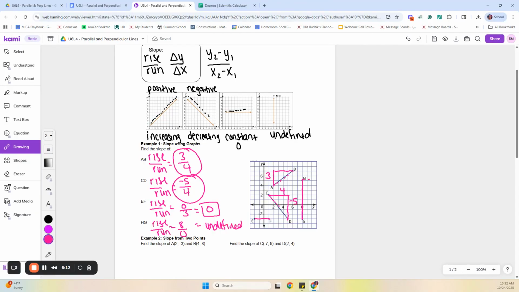Now, the reason behind that is I like to tell kids, when we're dividing, like if I were to divide 8 divided by 2, that really means I'm taking 8 pieces and dividing it into 2 groups. So 2 groups, and there's 4 in each group, right? If I did 8 divided by 0, I'm taking 8 pieces and trying to divide that into 0 groups. Well, I can't do that. I can't make my 8 pieces disappear, even if I throw them away or eat them, right?